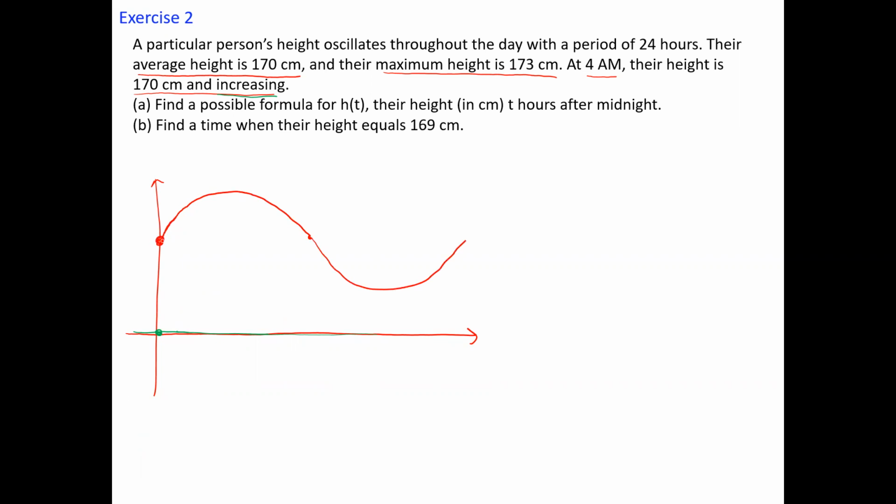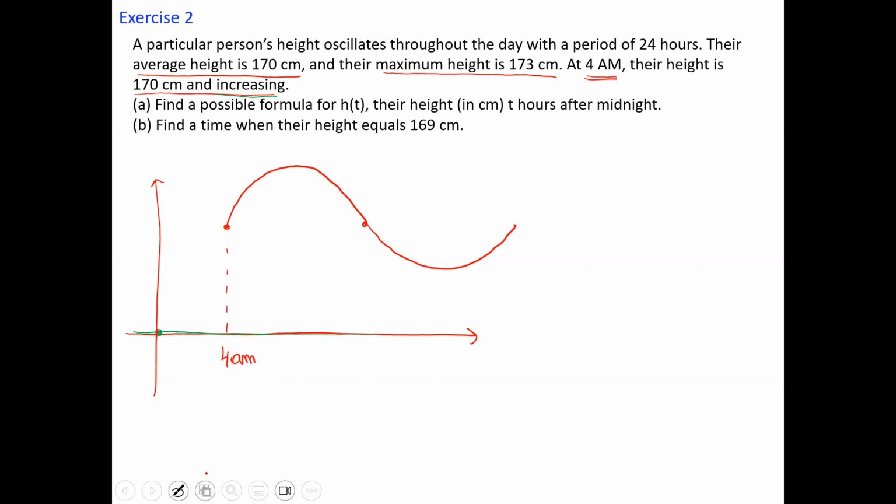That dot is happening at 4 a.m., because we're assuming that 0 is midnight. So I will shift everything, that means this will be 4 a.m. And then the sine model, one part, and another.